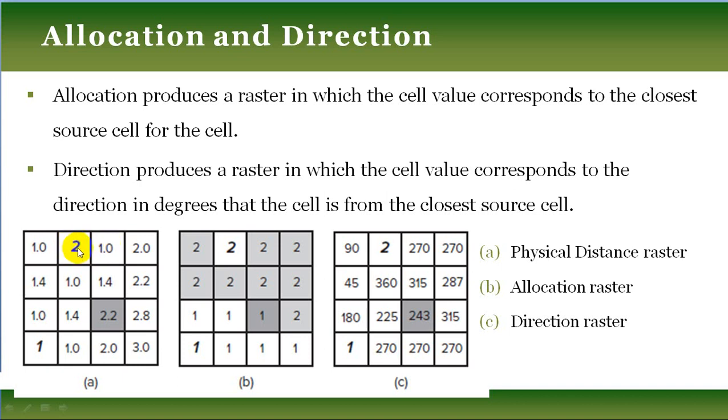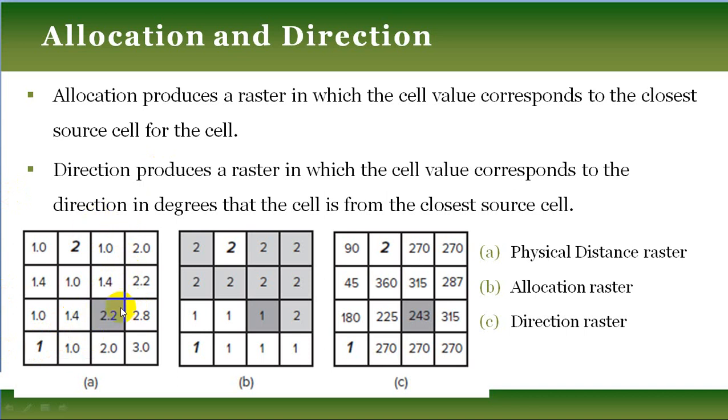From the source cell center to this one, this 1, and from this one, 1, 2, 3 cell units. This is 1.4. Why? Because the distance from this cell center to this is root 2, and as all of you know, the value of root 2 is 1.414. So in short, 1.4.